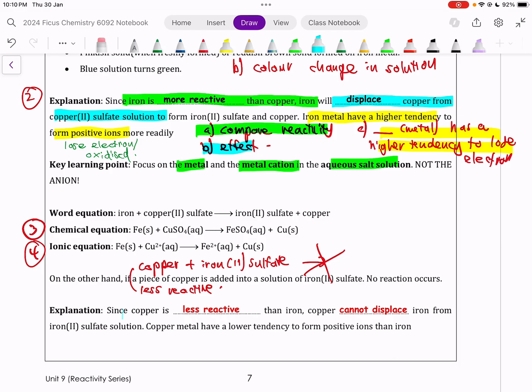So again you compare reactivity for the explanation. Copper is less reactive, so the effect is it cannot displace iron from iron 2 sulfate, because copper metal has a lower tendency to form positive ions.